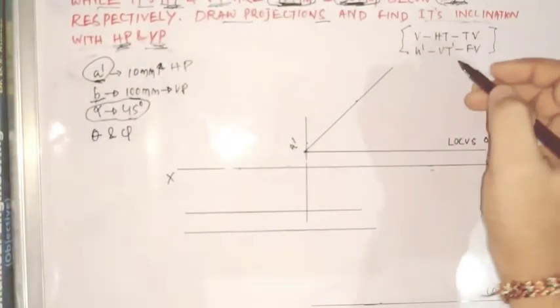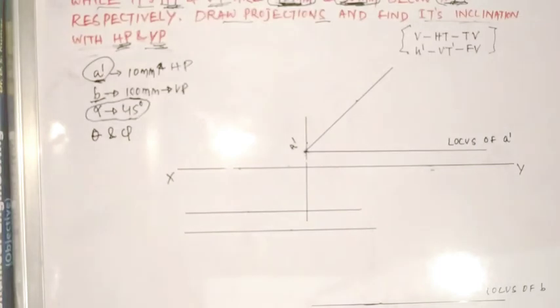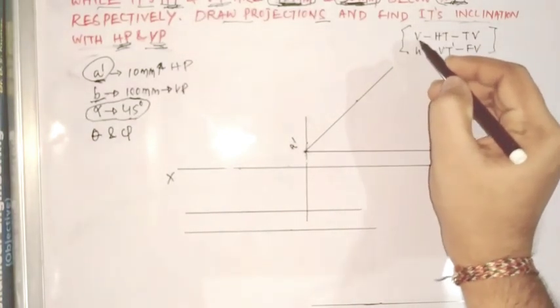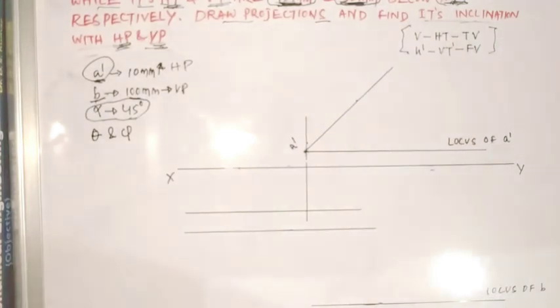So now if we discuss about the traces, we already have discussed about this. I have discussed all these things in video 2, in the projection of line, lecture 2. So if you have not watched that video, then do find it from the playlist and watch that.